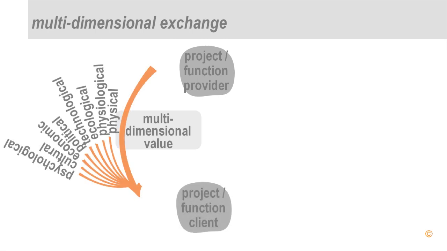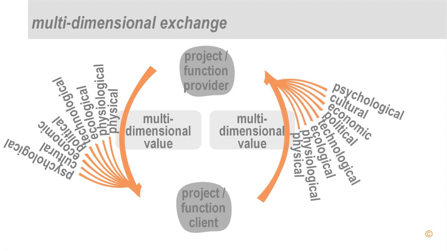In reverse, you can also explore the contribution that you get back from the client in terms of different dimensions, and see if through the multidimensionality of the mutual contributions, the interchange between you and your stakeholders cannot be enriched and improved and more developed.